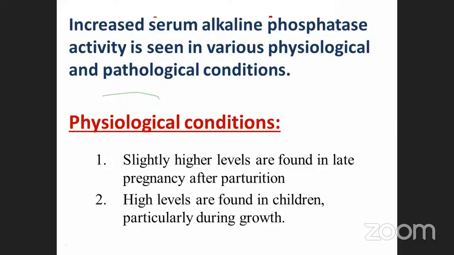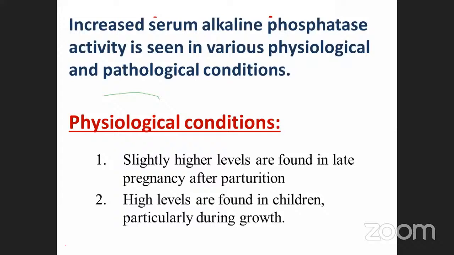First, see the physiological conditions. First, slightly higher levels are found in late pregnancy and after parturition, because in pregnancy the bone formation process is going on. In any bone formation process, this enzyme activity is increased, and after the increased activity, phosphorus level is increased in serum, and that phosphorus is used for the formation of bone.